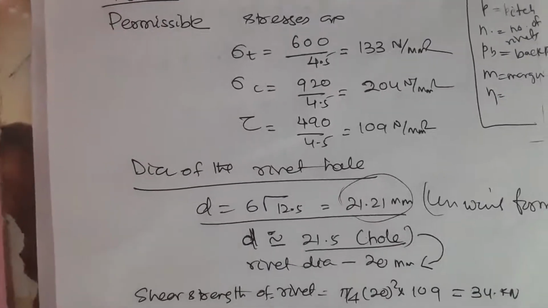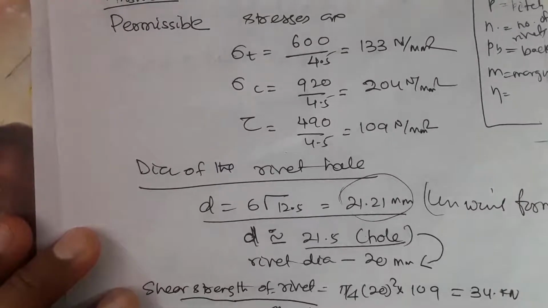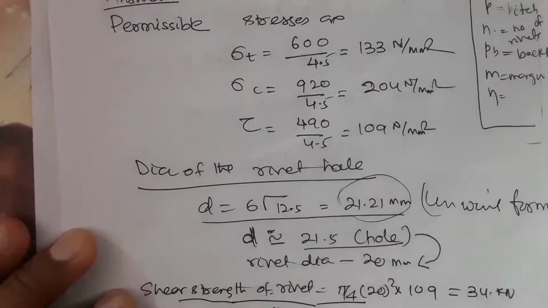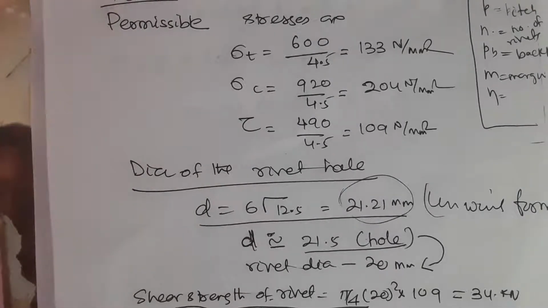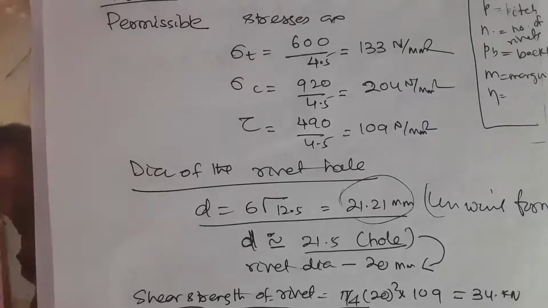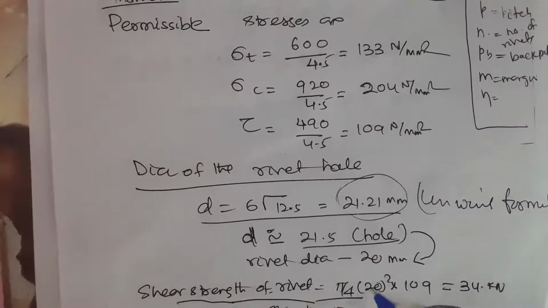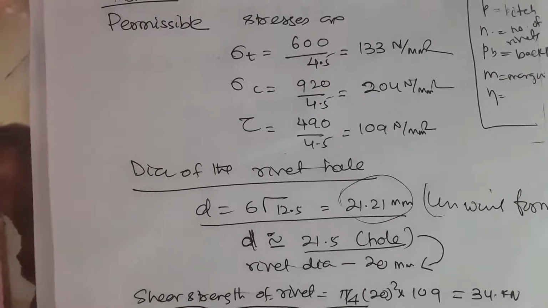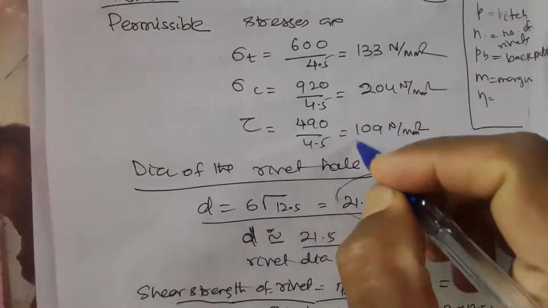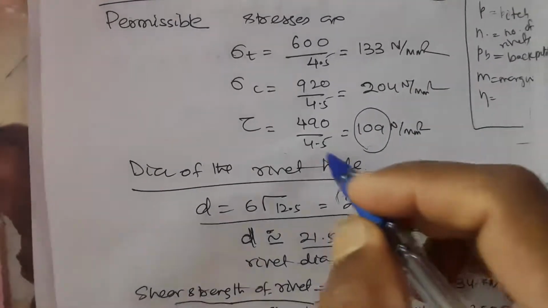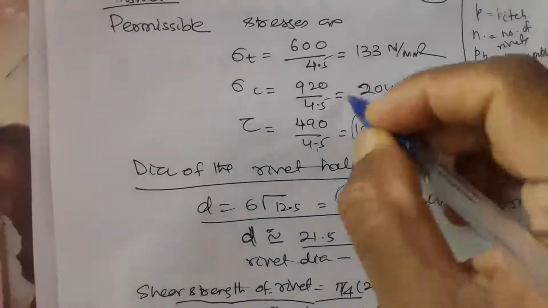we have to see what is the shear strength of the rivet and what is the crushing strength of the rivet, and which is better, shearing or crushing. The strength of the rivet in shear is pi by 4 d square into the shearing strength, that we have found out by dividing by the factor of safety, and the crushing strength in this case is this one.